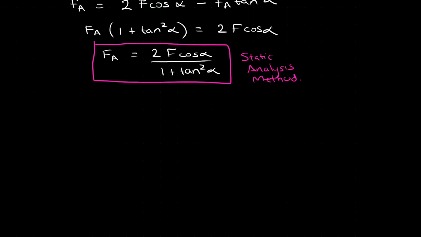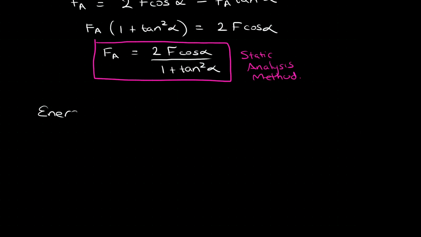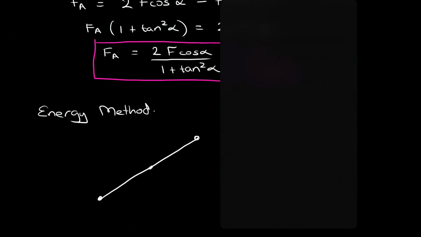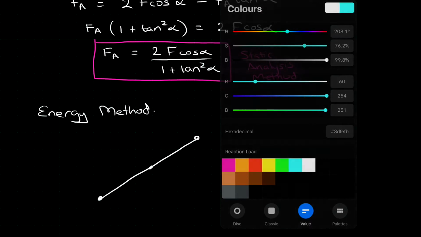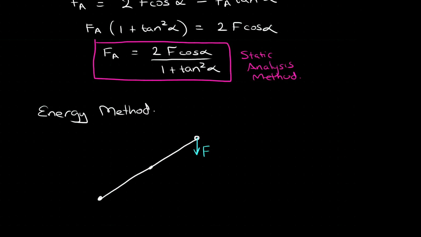Okay, now let's consider the energy method. So if we draw up that diagram quickly again, we had F, it was acting at the end. We had some reaction from the roller. We have the pivot point A, and let's put in the angle alpha again.